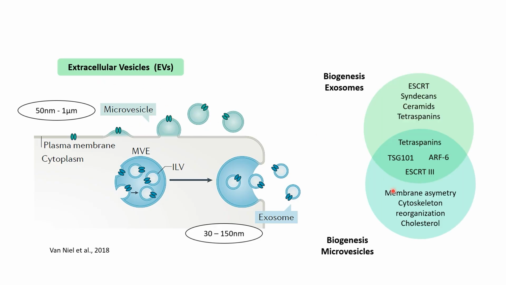But they share several aspects in their biogenesis and molecular details. They share many molecular components such as tetraspanins, and some of even the ESCRT complex are involved in the generation of both types of vesicles.